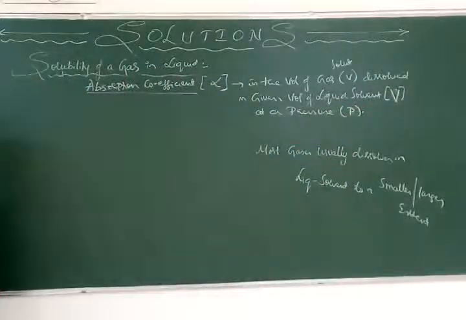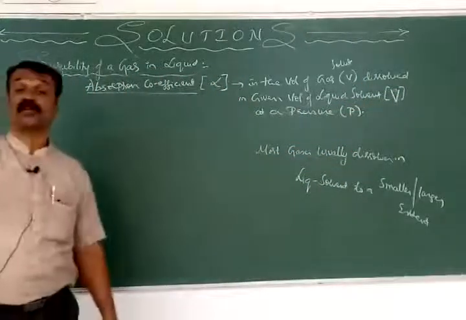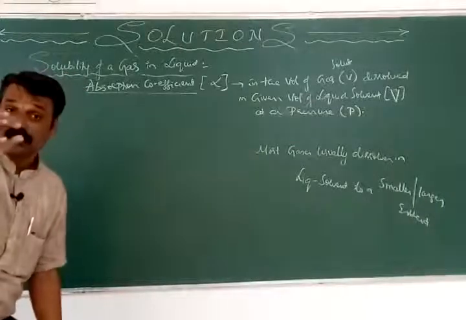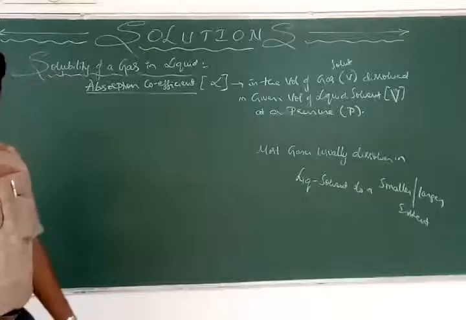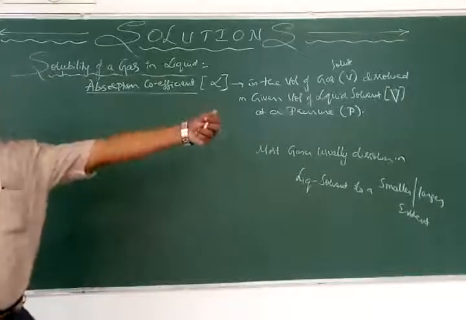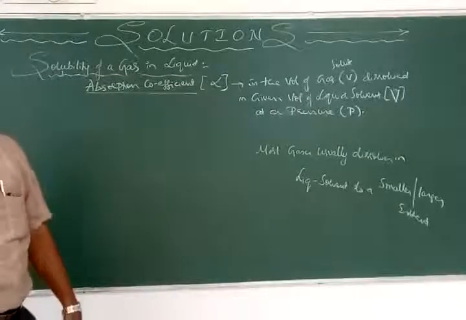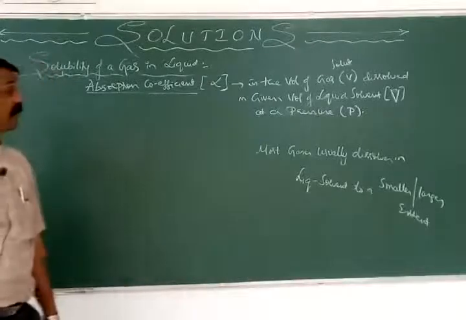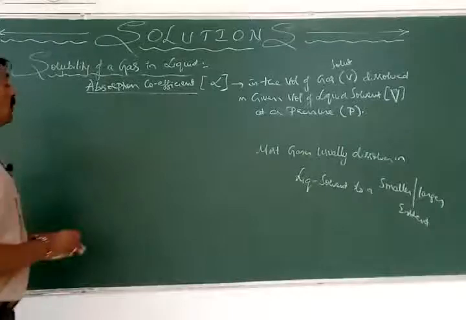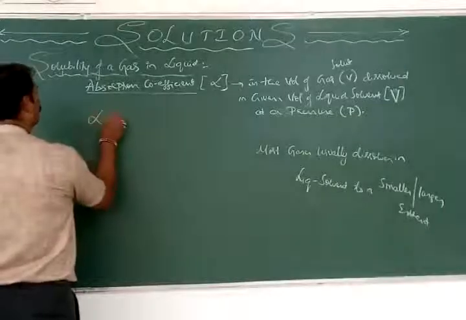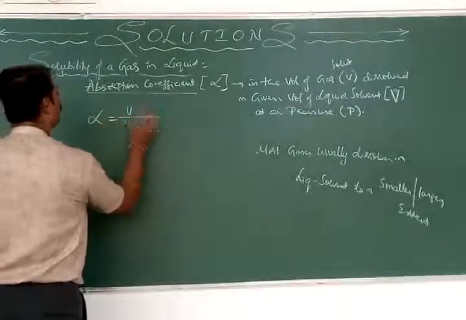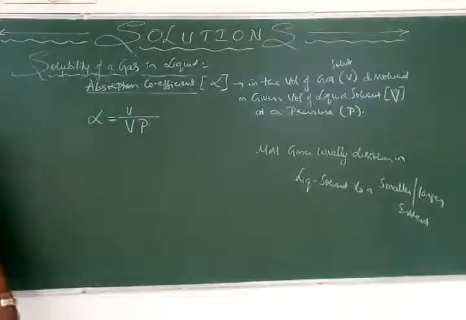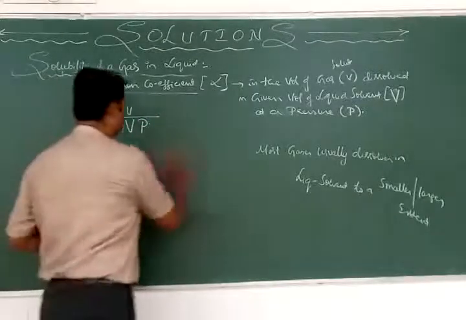So this is the definition of the absorption coefficient. What is that? It is the volume of a gas acting as a solute that has been dissolved in the given volume of a solvent, at a certain pressure, that is P here. Mathematically, alpha is equal to small v divided by capital V into P. That is the absorption coefficient.